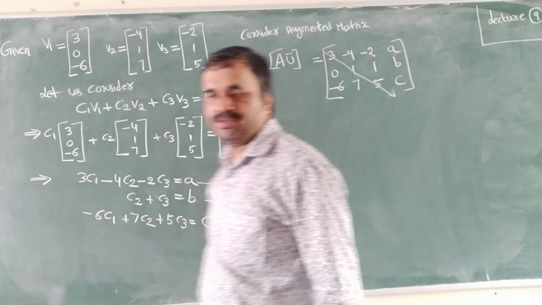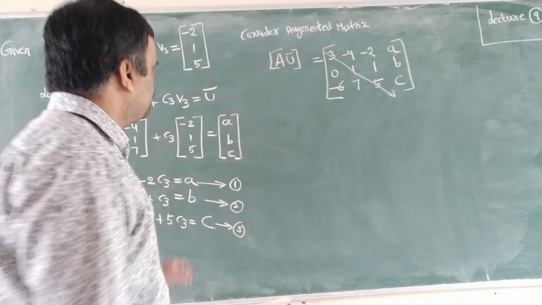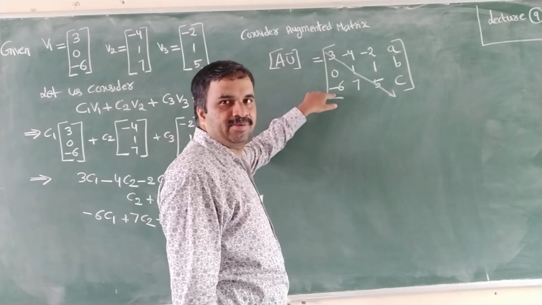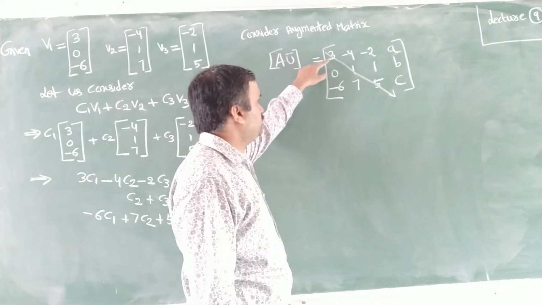Now I have to make the entries below the diagonal 0 by applying suitable row operations. In the first column we have 3, 0, -6. I make this -6 zero with the help of the first row.